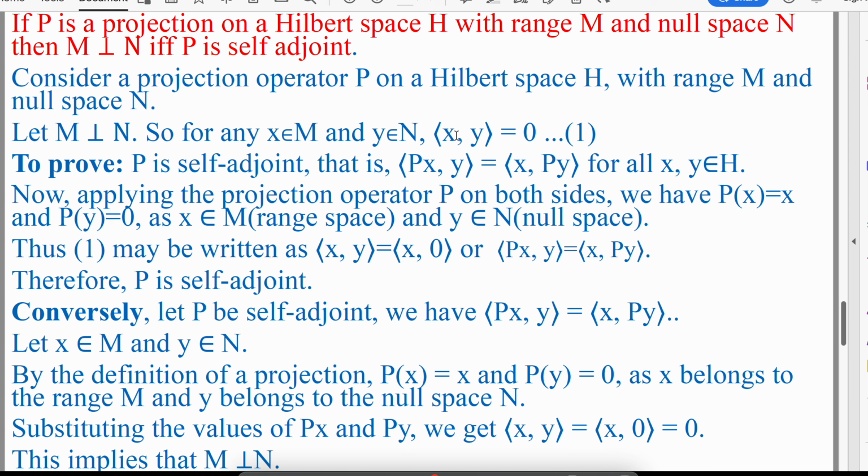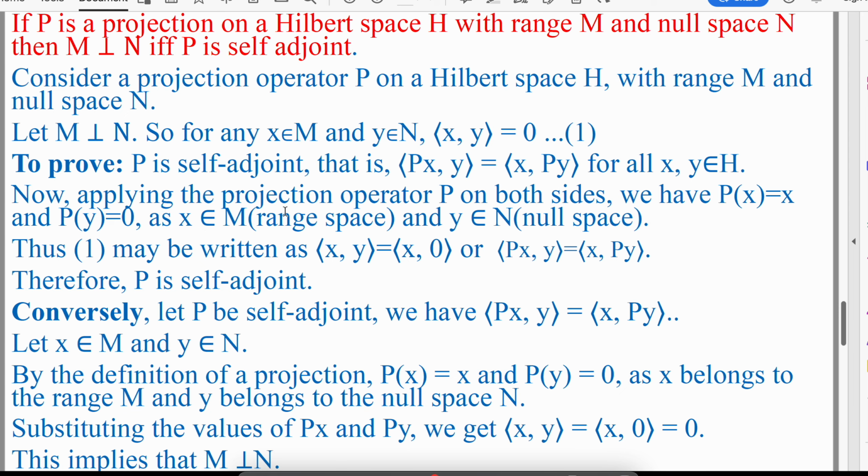Therefore, we can write the inner product of x with y as equal to the inner product of x with 0. And this can be written with x equal to Px and 0 equal to Py. So the inner product of Px with y equals the inner product of x with Py. So it means P is self-adjoint.